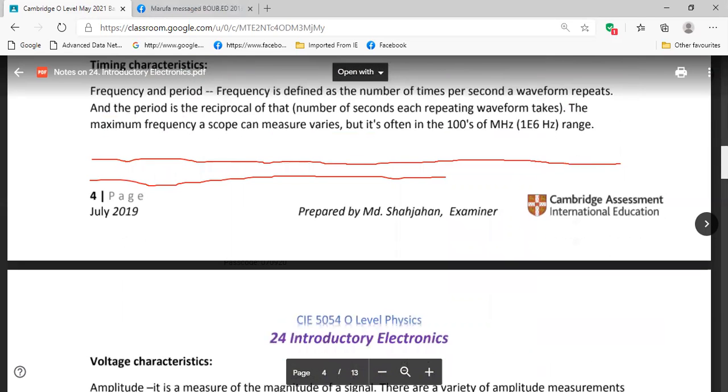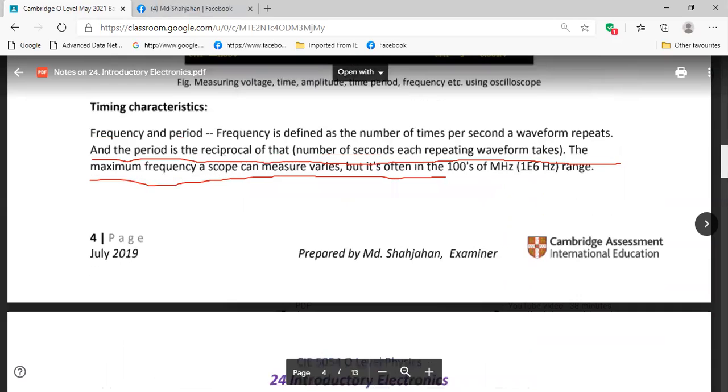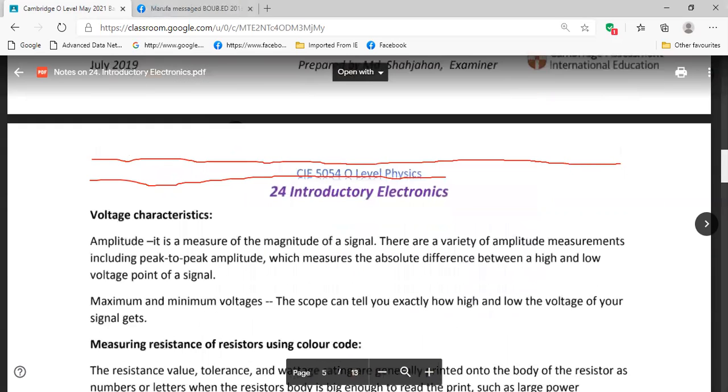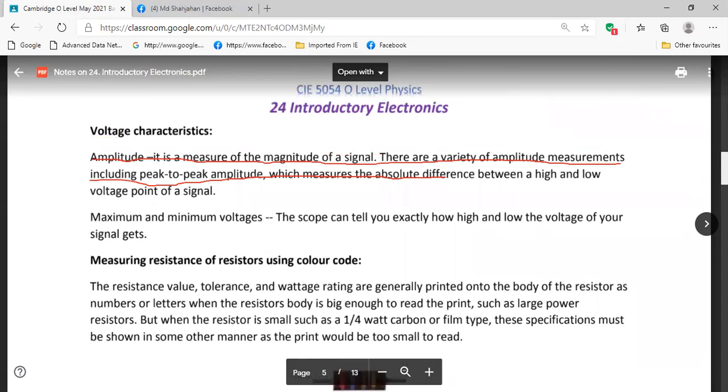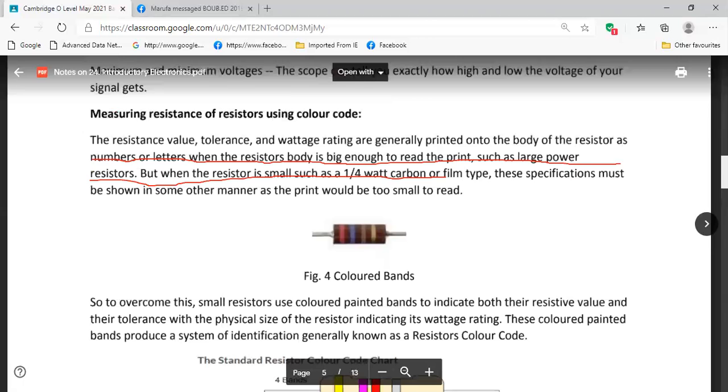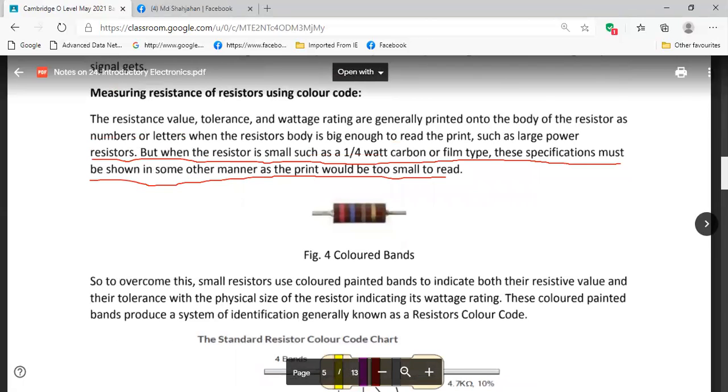So this one, you know, what is the definition of frequency and time period and how to get it, right? Yes. Okay. Then we have resistor color code, right?